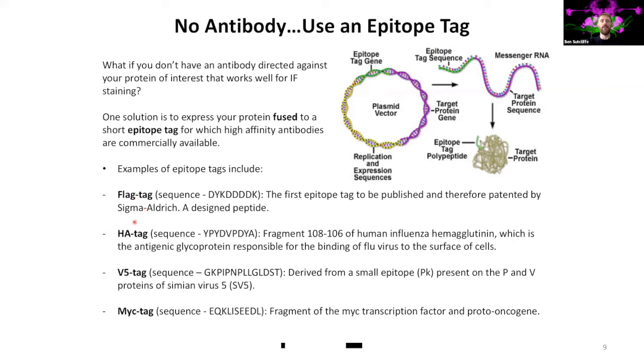So there's the FLAG tag, HA, V5 and Myc, and they're all very good at what they do. It just means that you can make your transgenic and have different tags on different transgenics in the same either cell line or same animal, and be able to label them with different antibodies to allow you to do multiplexed imaging.